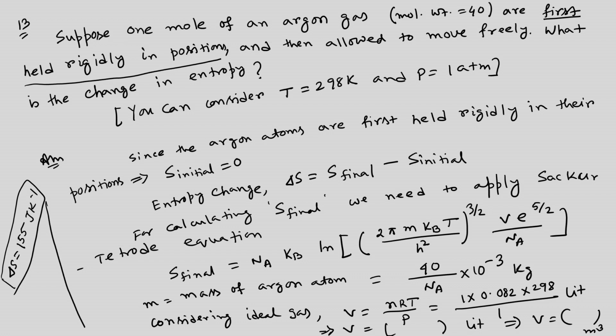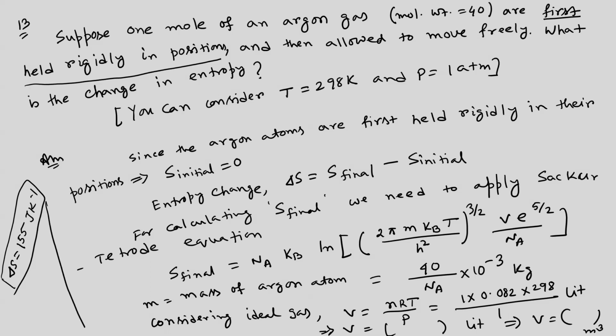The unknown quantities in this expression are m, mass of argon atom, which we can calculate from the molecular weight of argon atom, and it is said that 1 mole of argon gas is there. So, N is nothing but Na in this case, and then we need to calculate volume.